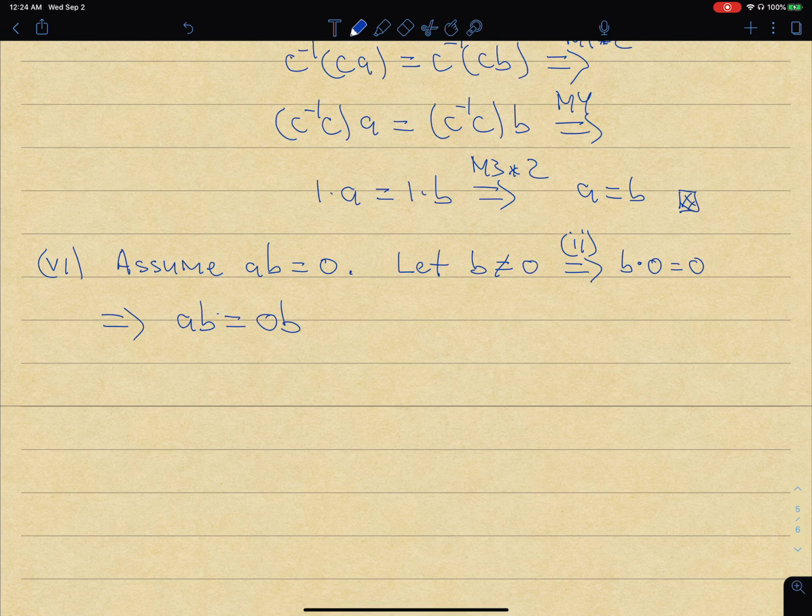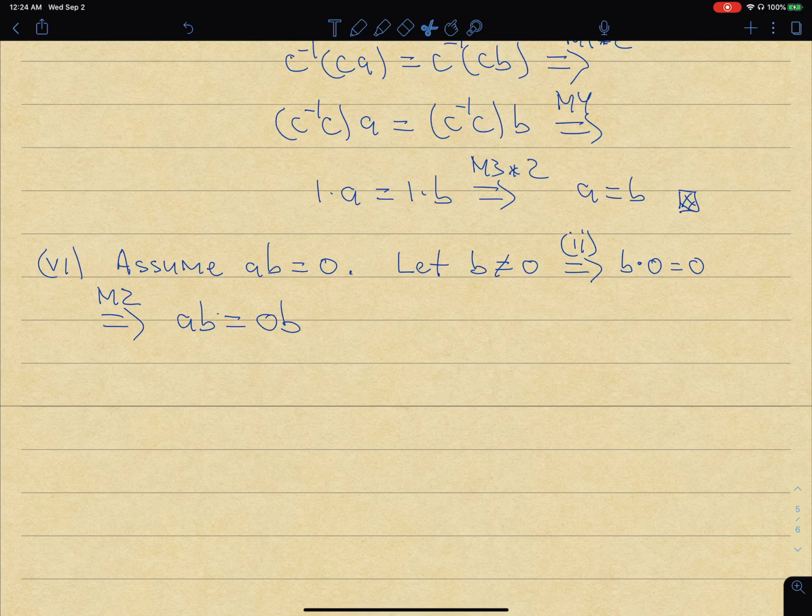So B times 0 is 0, but then, of course, 0 times B is also 0, and that comes from M2, right? Because multiplication commutes. So B times 0 is 0 from property 2 that I proved, and B times 0 is the same thing as 0 times B, and both are equal to 0. So then from here, I get that.